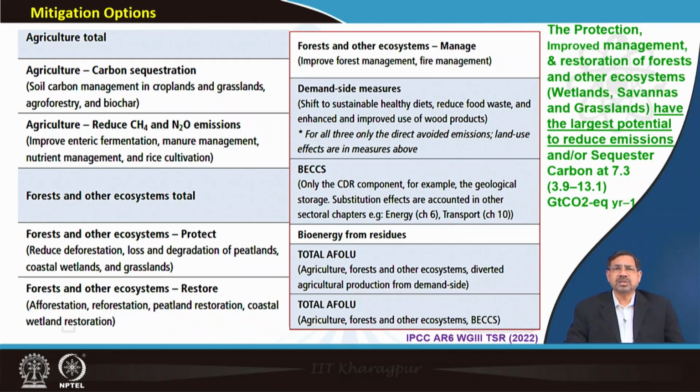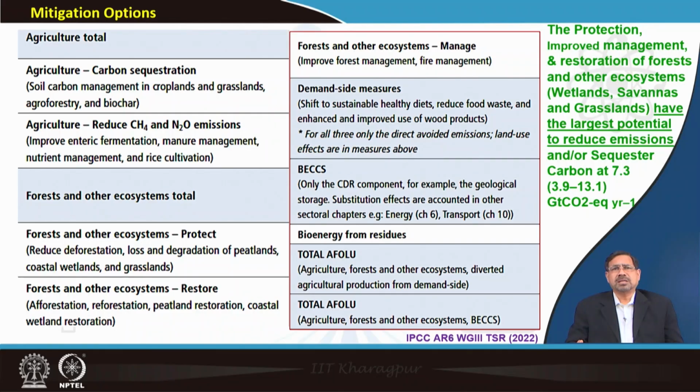Restoration means various means of restoration through afforestation, through reforestation, that means you have harvested and you are going to reforest the same patch of land, peatland restoration, coastal wetland restoration. So all this contributes towards the restoration activities under forest and other ecosystems.